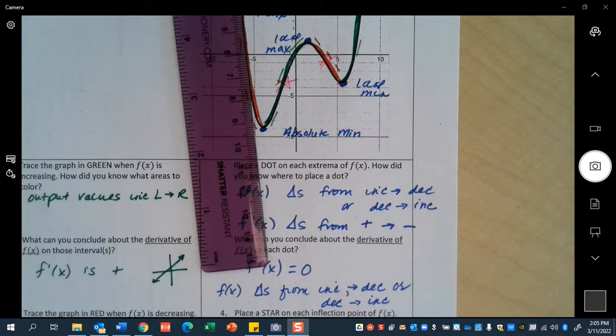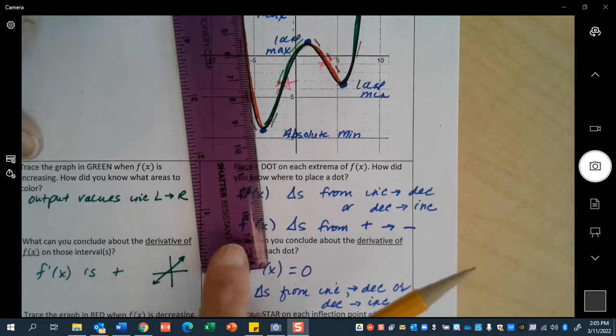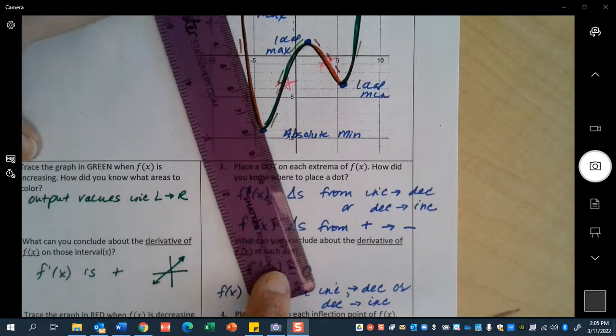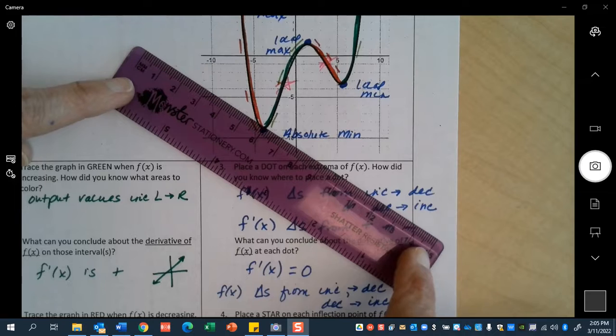So when we talk about increasing, decreasing, it's getting less steep, but that's happening because it's getting a less negative value as the slope. So my value of my slope is getting bigger and bigger and bigger.